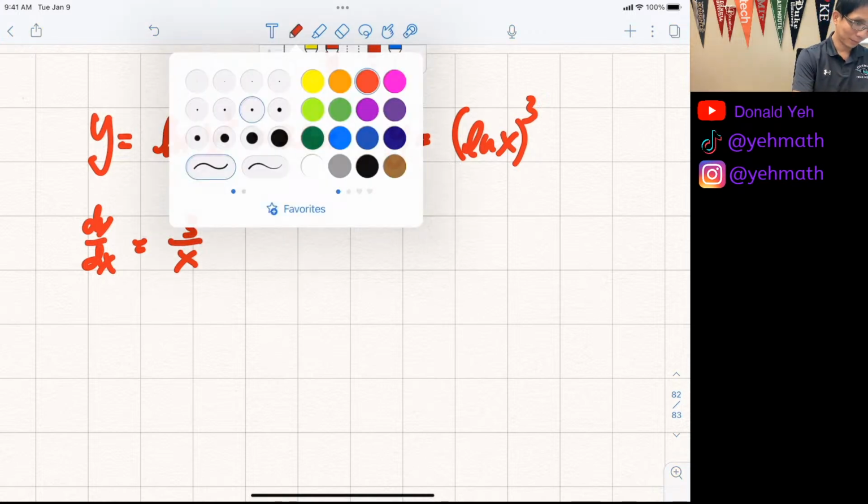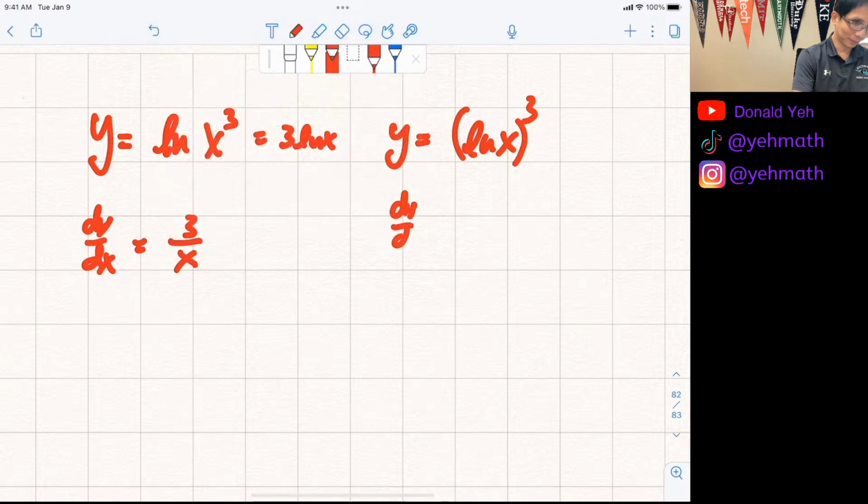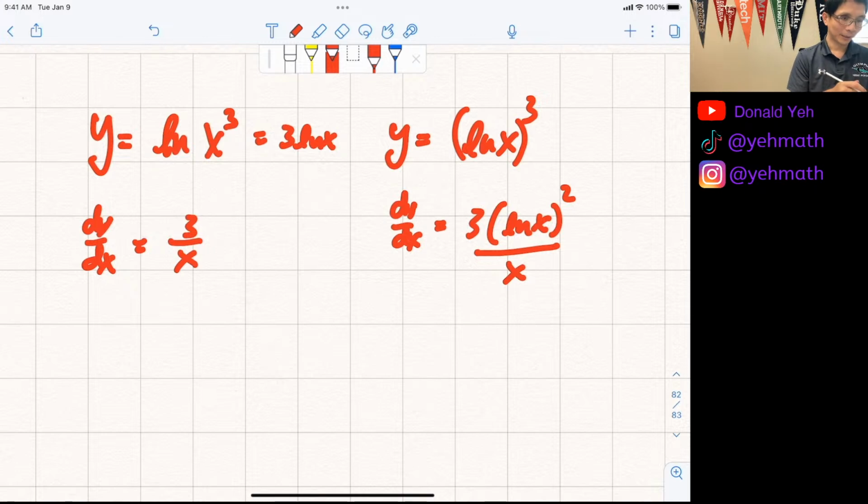Yes, I got it. Okay, isn't it just simple? So it's like 3 natural log of x squared over x. Yeah, that's right.